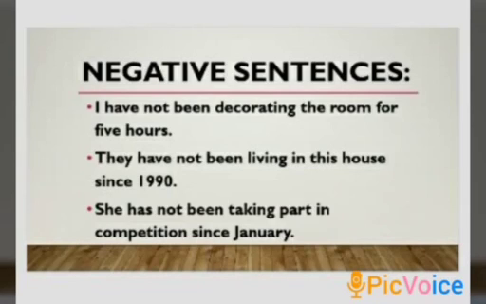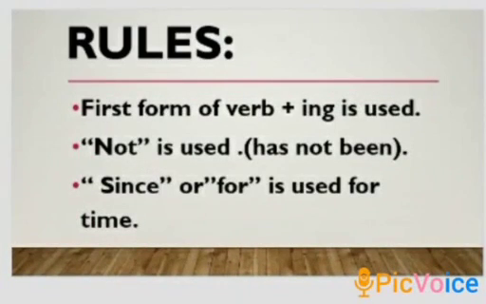Have not been, has not been will come for negative sentences. Since and for are used here. And first form of verb plus ing is used in these examples. So negative sentences are clear to you from these examples which are in front of you.